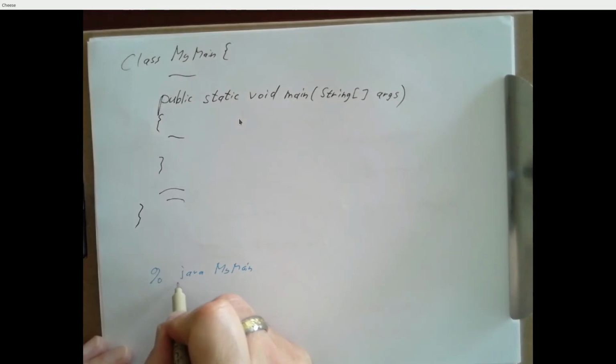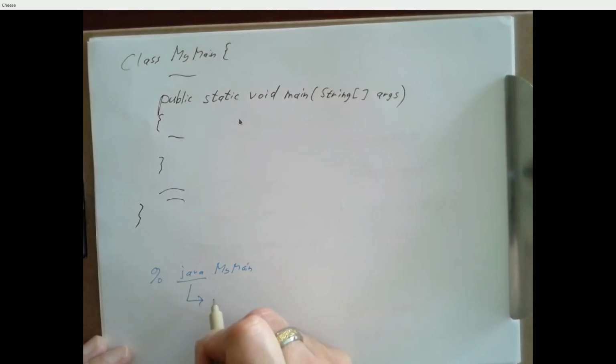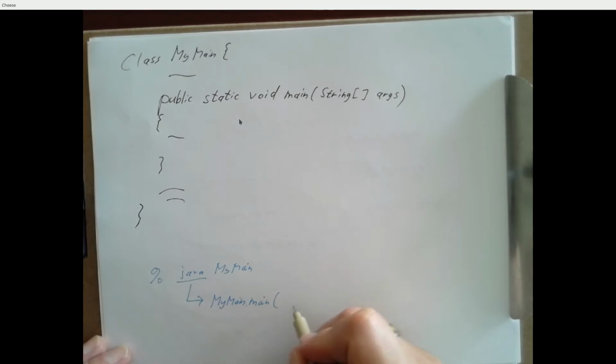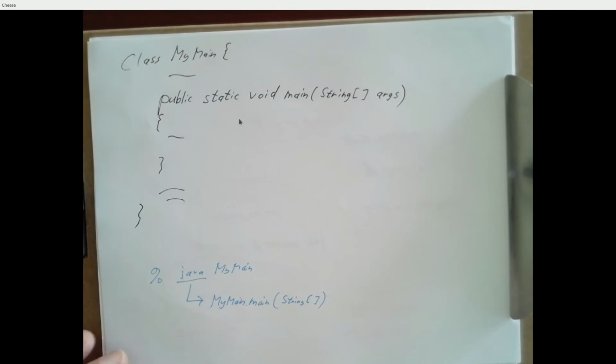So what the Java command does is it looks for a static method called MyMain.main with a signature that's expecting an array of strings. Okay, and that's the way that your code starts to execute when you say java and the name of a class file.